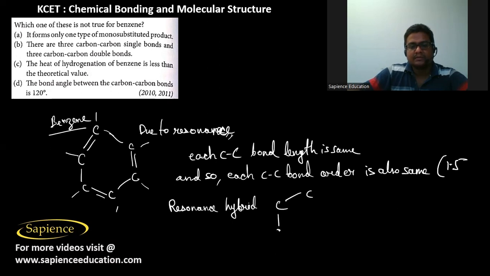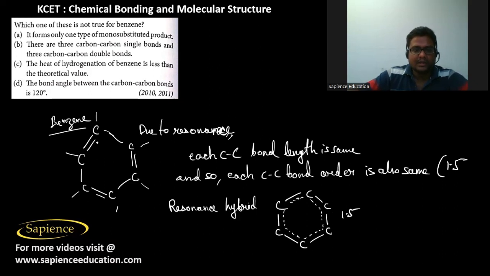So each bond is the same. Each bond has the same order, which is 1.5. So all the pi electrons are delocalized among all the 6 bonds.